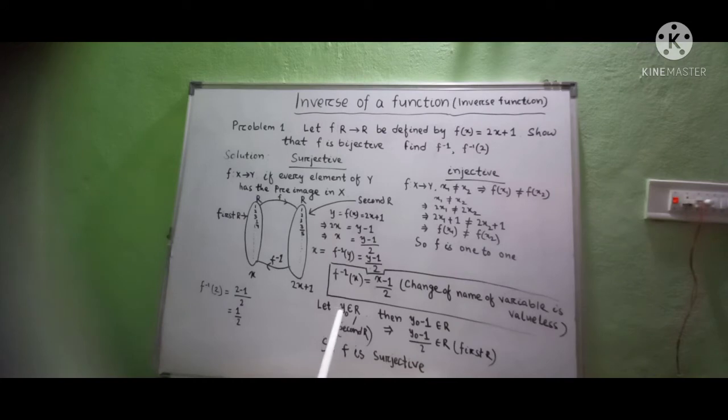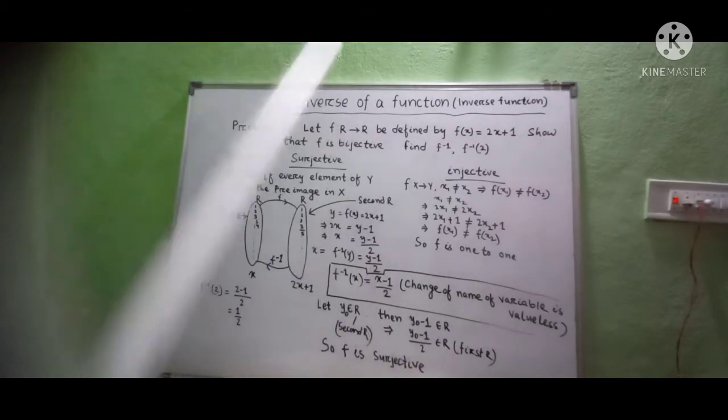Let's say y0 belongs to R, in the second R. Then y0 - 1 belongs to R. Obviously it is true: a real number minus 1 belongs to the real number set. So y0 - 1 divided by 2 belongs to R, in the real number set.